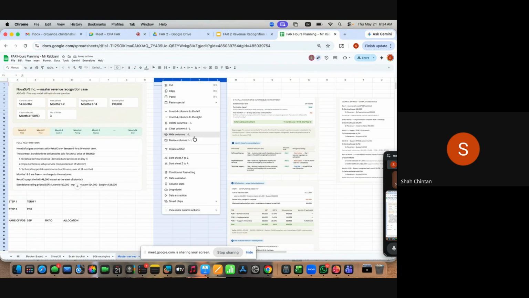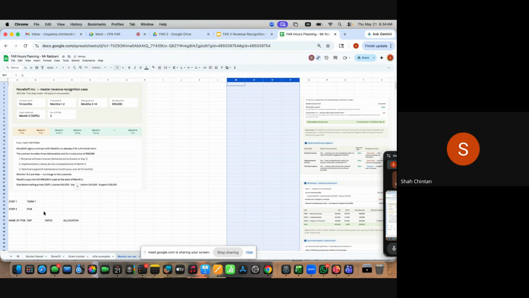So the task for you is to fill this template. Kind of simulation आपको आ सकता है. This is the question. Step 1, identify करिए what is the contract term. Step number 2, list your performance obligations.